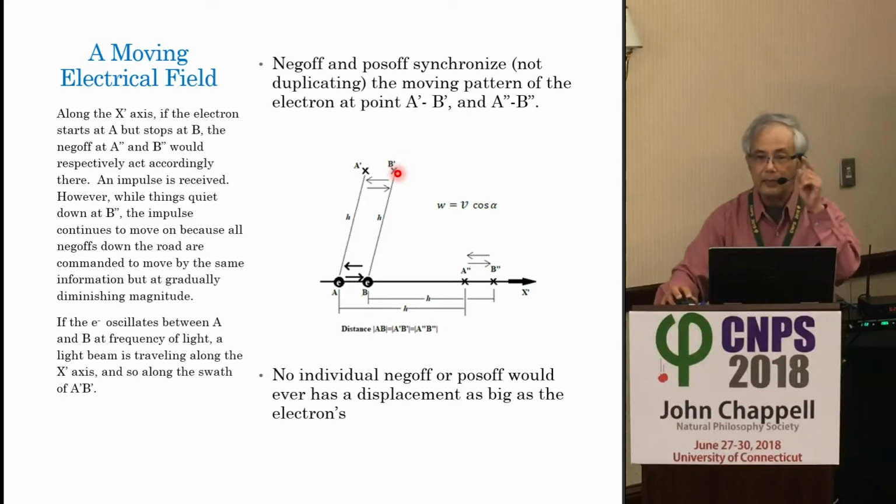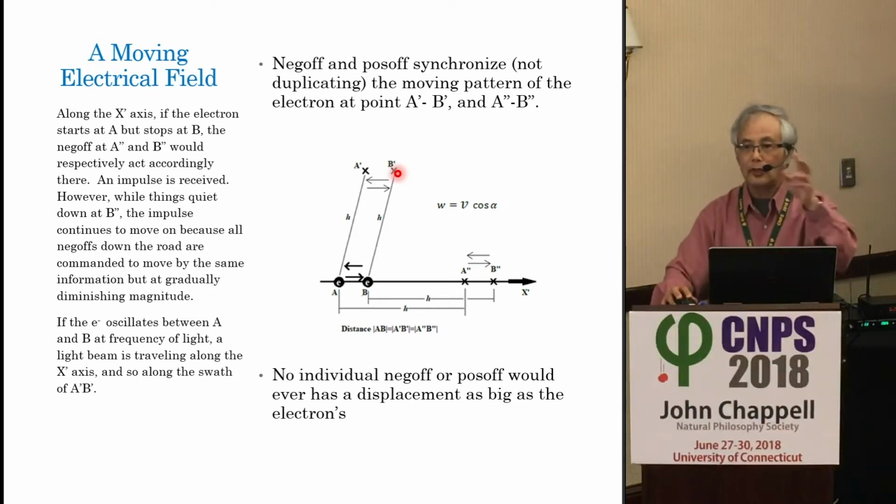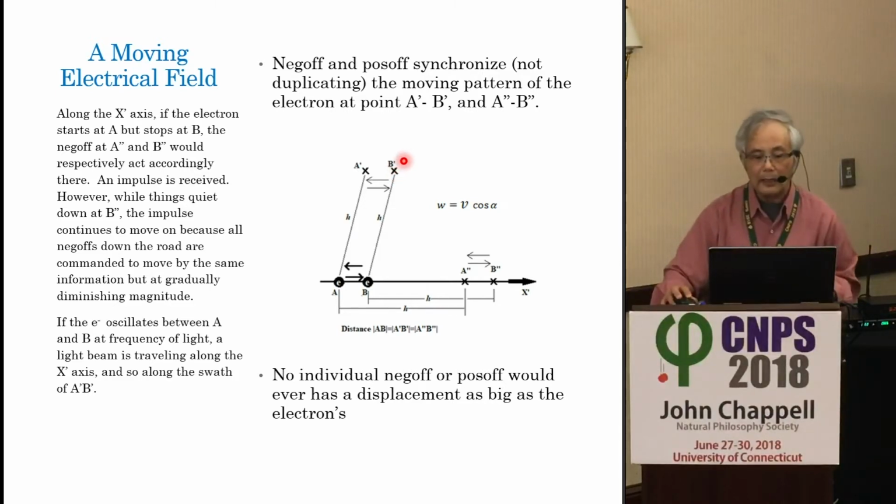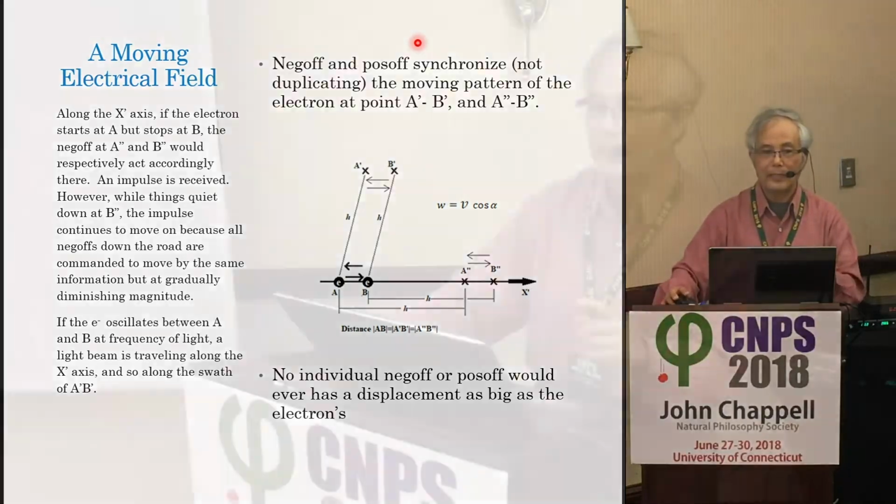However, the same information of the redistribution between the negative and the positive continues down the road to wherever, however far away, okay? But with weaker and weaker intensity. So if the electron moves and stops here, down the road, people receive an impulse.